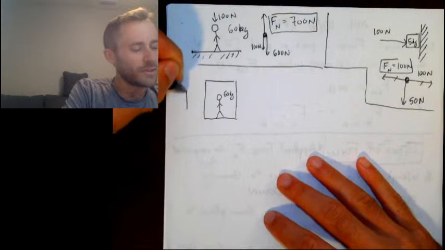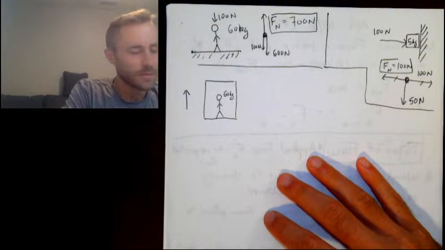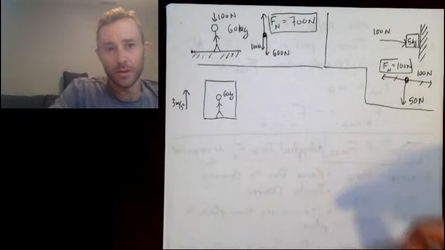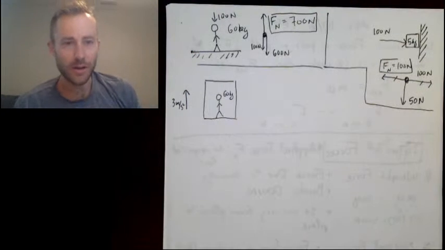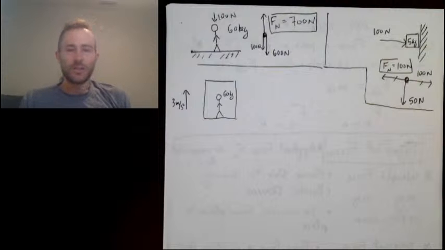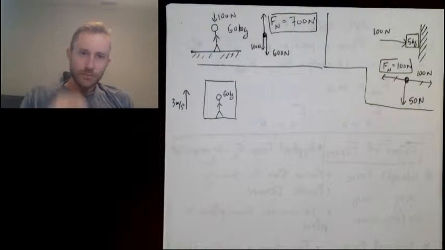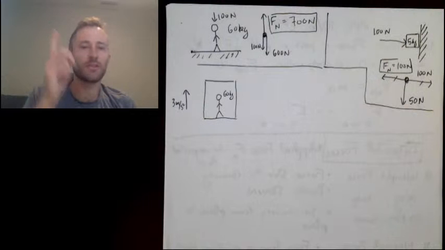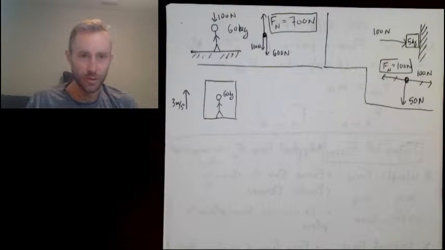The elevator is accelerating upward at 3 meters per second squared. So if you are in an elevator that is accelerating upward, you are also accelerating upward because you are in the elevator, right? You also have an upward acceleration of 3 meters per second squared.